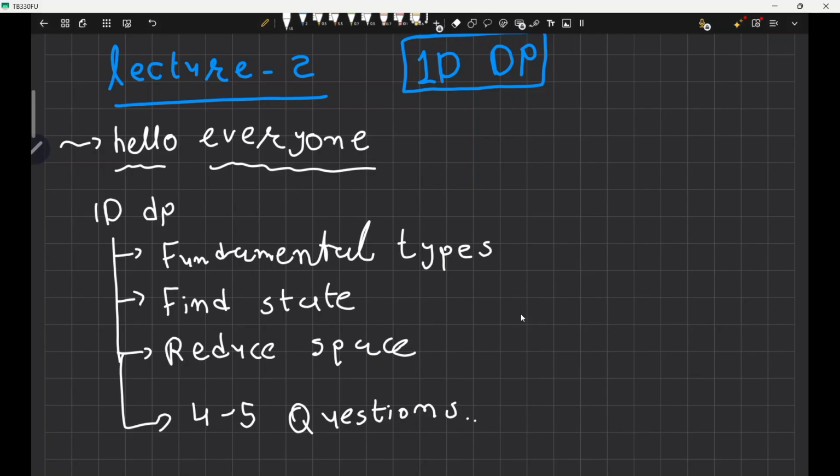We talked about DP versus greedy and solved some fundamental questions, and covered important concepts like memoization, tabulation, and finding the time complexity. If you haven't watched the first lecture and you don't get the intuition of DP, then you should watch lecture 1 first.